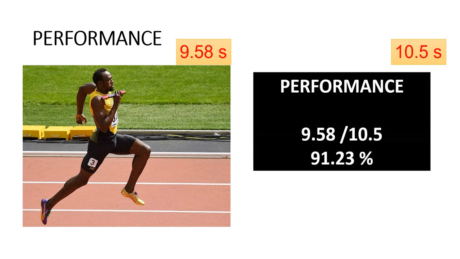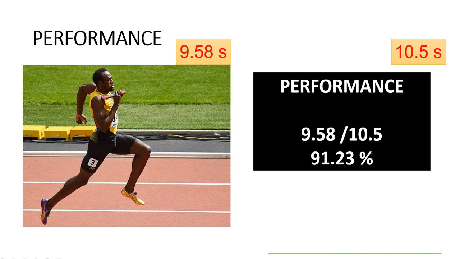So, in order to find how much he has performed, what we do is we divide his ability to run a 100-meter race by the actual race. Which turns out that today, Usain Bolt has only given 91.23% of his performance.